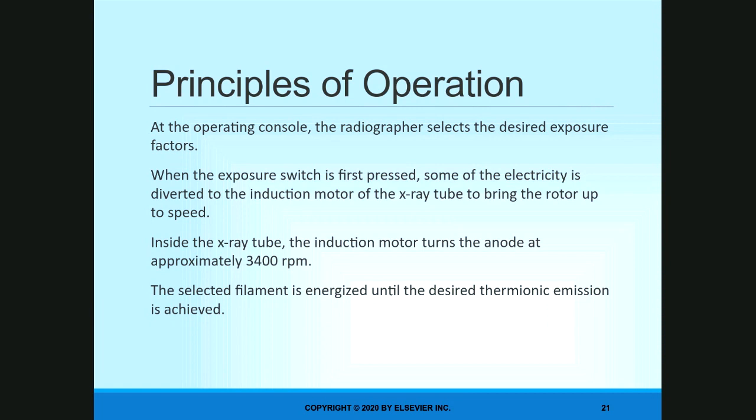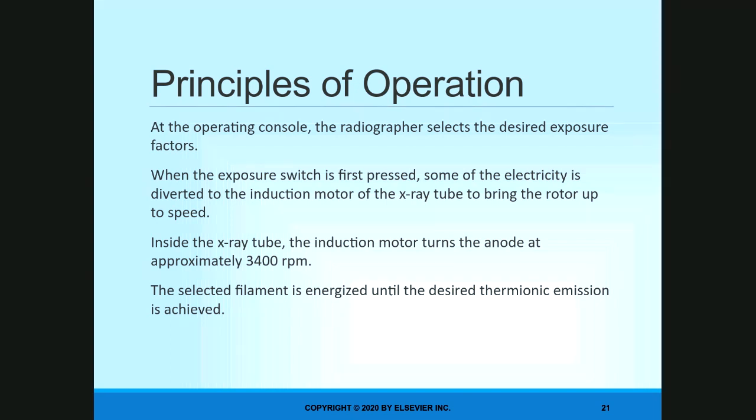And notice it says when we first press the exposure switch, some of the electricity goes to the induction motor of the tube, which remember is on the anode side, and the stators start to spin that rotor and bring the anode up to speed. And remember that we said up to speed is typically 3,400 revolutions per minute on a general purpose tube.